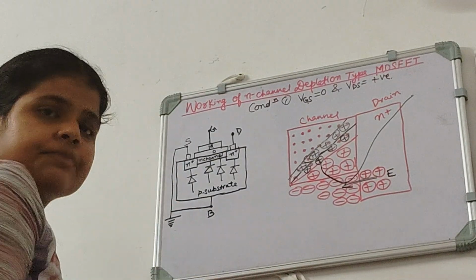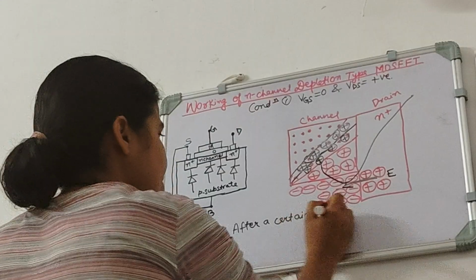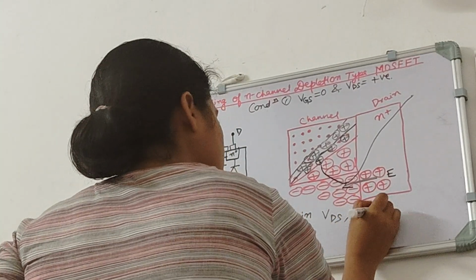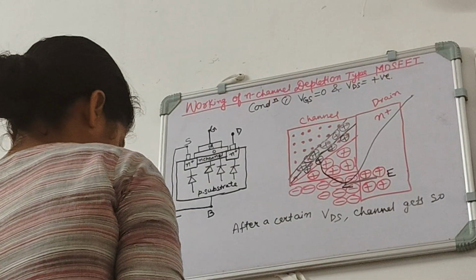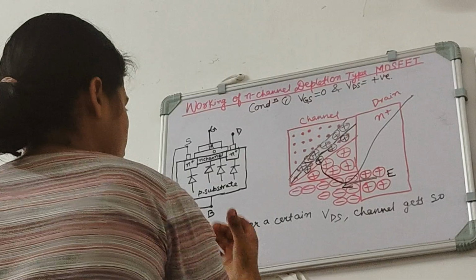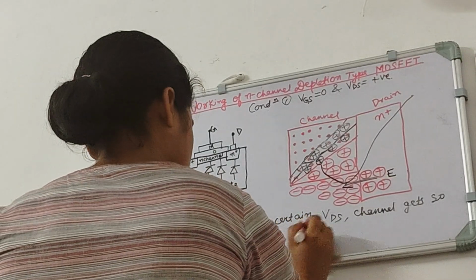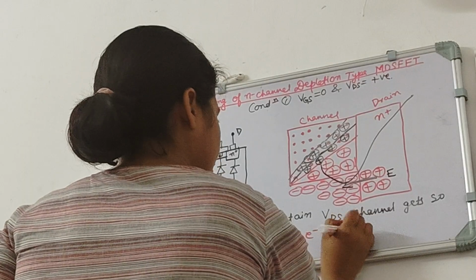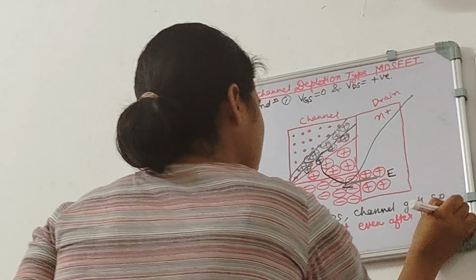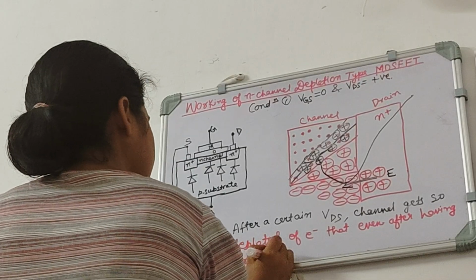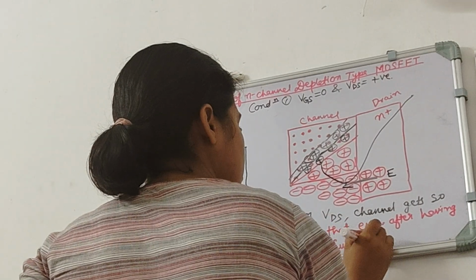It gets saturated because after a certain VDS, the channel gets so depleted of electrons that even after having a strong electric field, the current saturates.